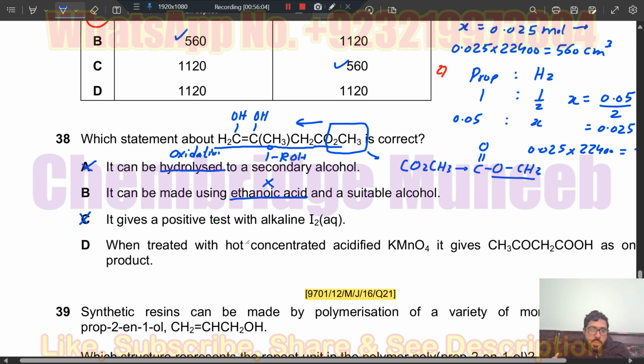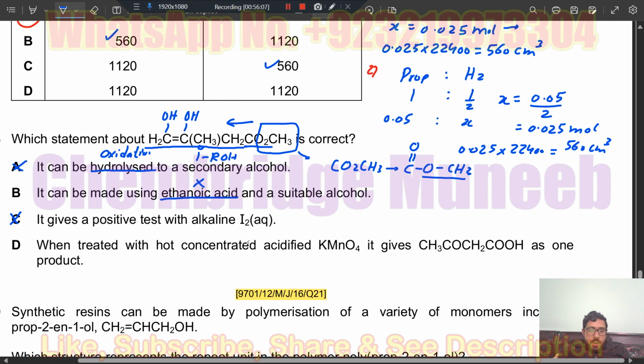Now the last option is that when treated with hot concentrated acidified KMnO4, it should give this compound as one product. So we should know that hot concentrated KMnO4 contains acid, H2SO4, and hot concentrated means this part should be able to break the ester into two parts, since it contains H2SO4, which means it can cleave this compound from here.